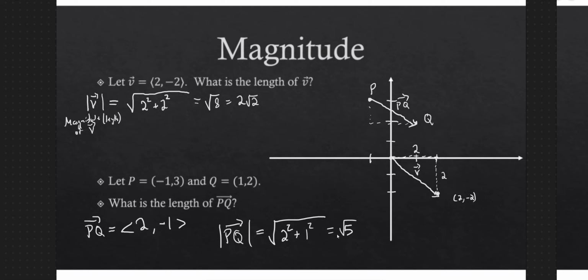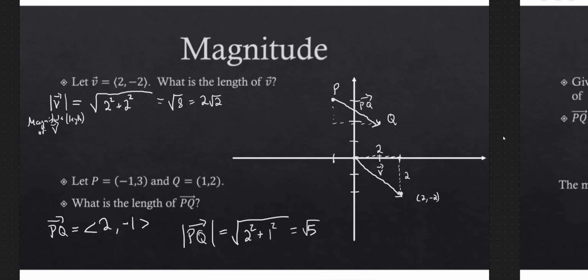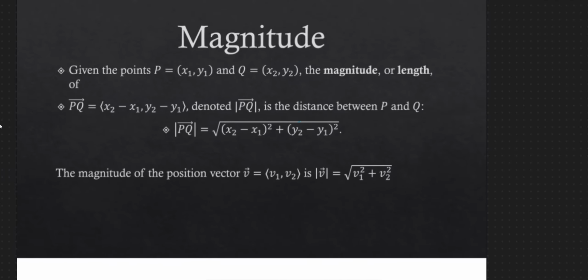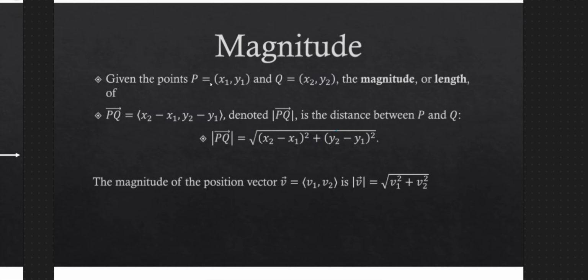So let's see here. In general, how do we compute this? I don't want to have to think too hard every time. So let's just sum this up. If I'm given the points P and Q, the magnitude or length of PQ is x2 minus x1. Again, this is taking the position vector.